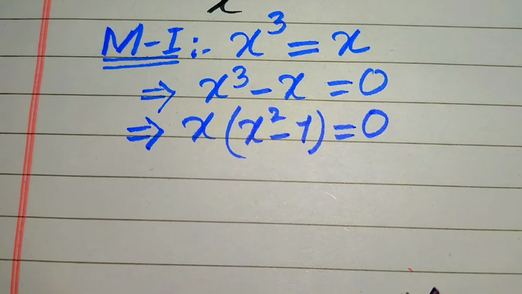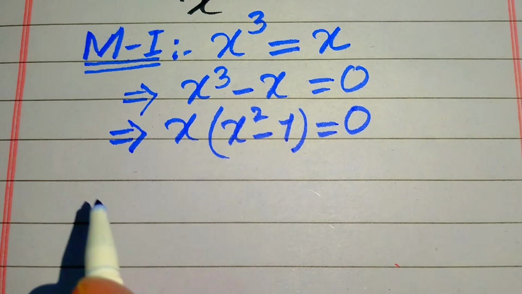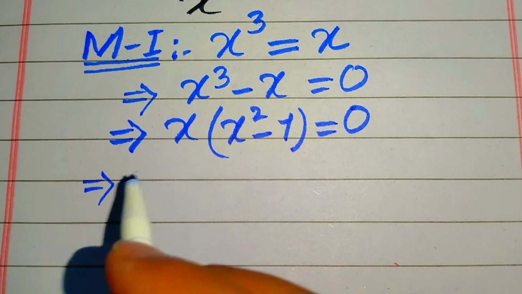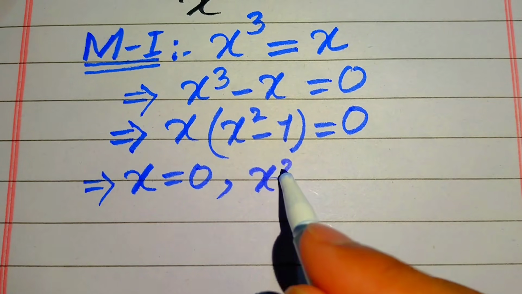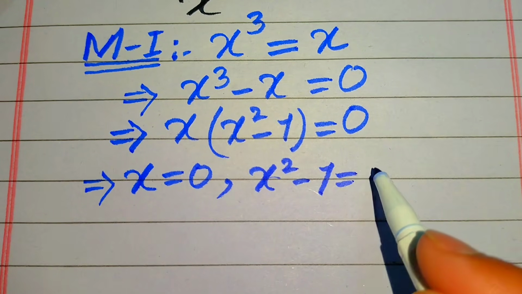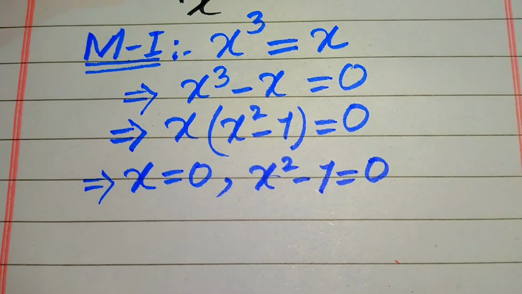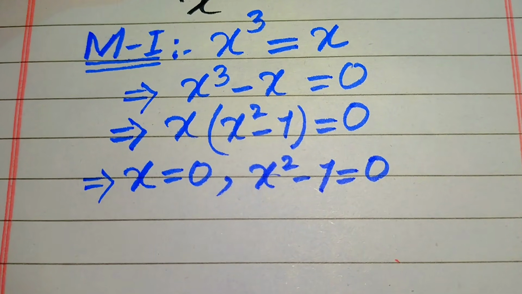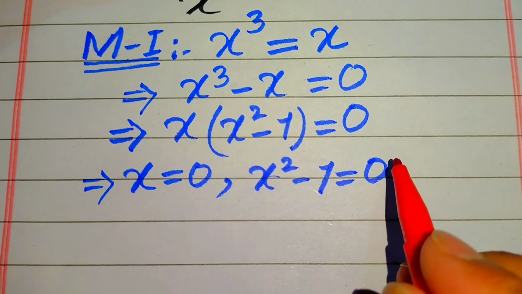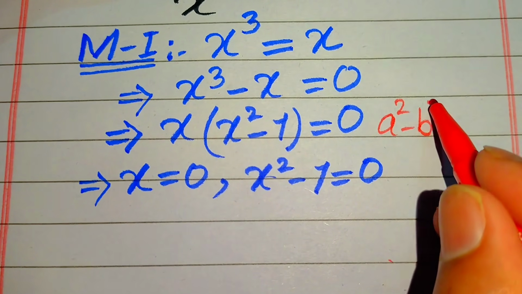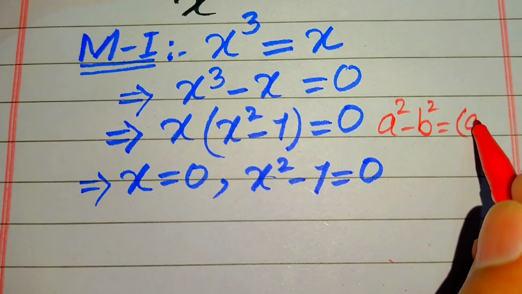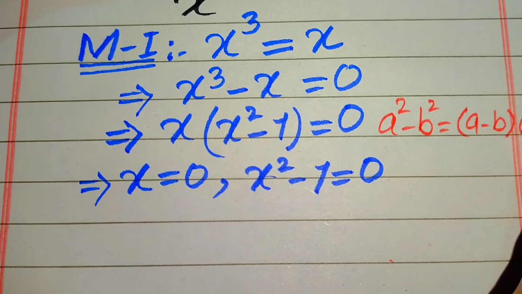And now we divide this equation into two cases. The first case is x is equal to 0, and the second case is x squared minus 1 equals 0. In the second case we use the nice algebraic formula you know: a squared minus b squared equals a minus b times a plus b.